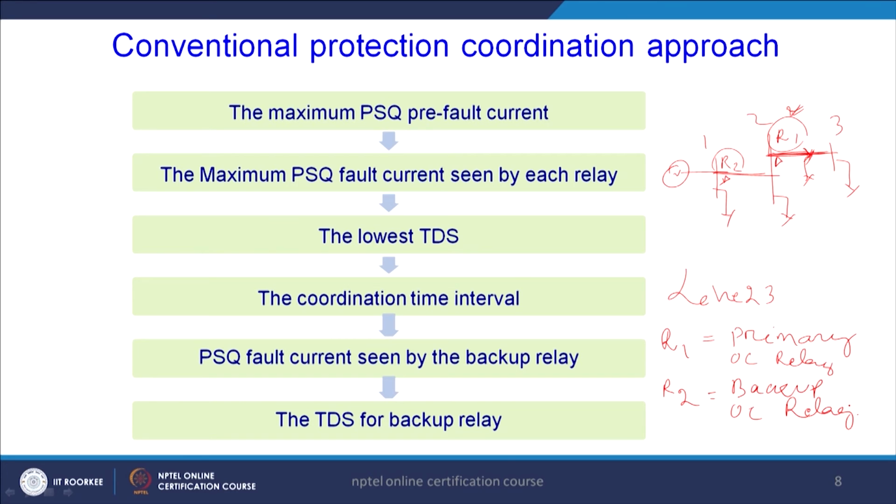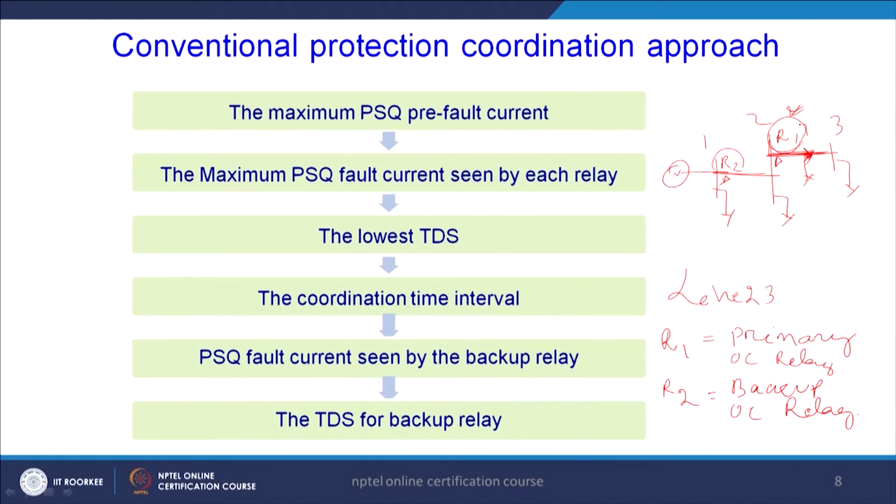Now, what is the point? What is this primary and backup? Again we will discuss. As I said, if any fault is incepted in line 2, 3, this relay R1 should react as quickly as possible, and the time of operation may be within 0.2, 0.1 seconds depending on its TMS and plug setting, because every overcurrent relay has its plug setting multiplier corresponding to the fault current and also TMS.